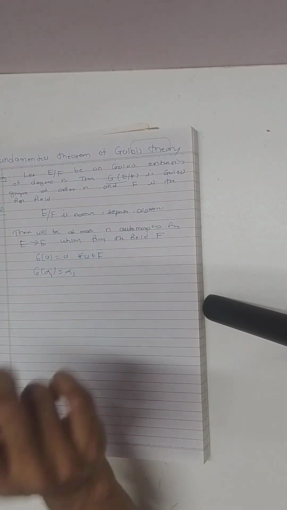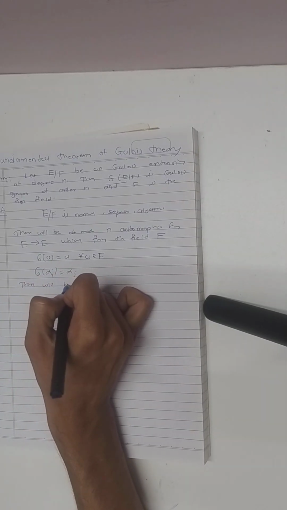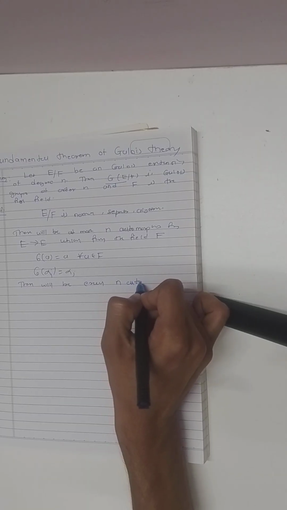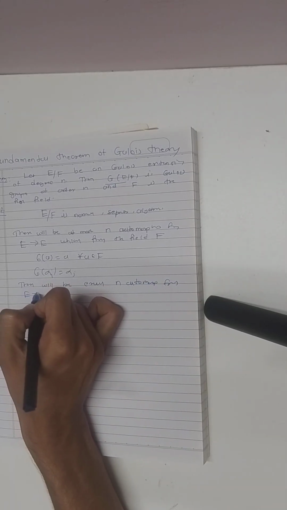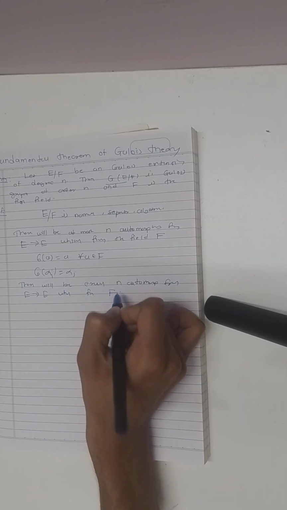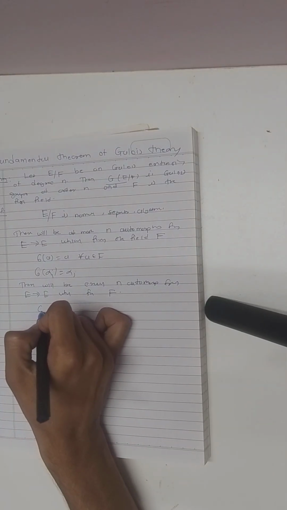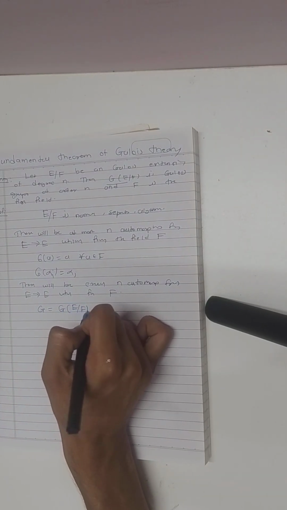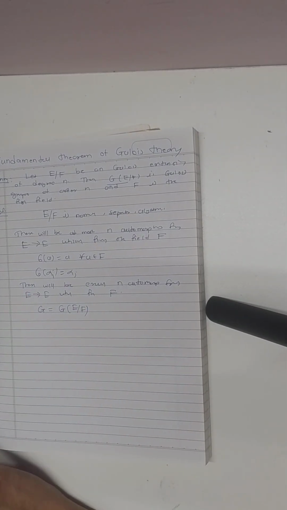There will be exactly n automorphisms from E to E which fix F. This group of automorphisms we call G(E/F), and this is the Galois group associated with this extension.